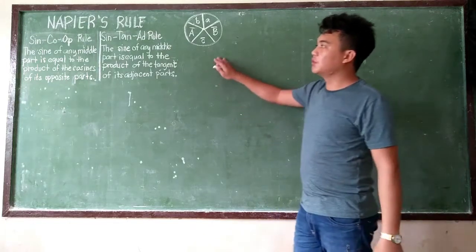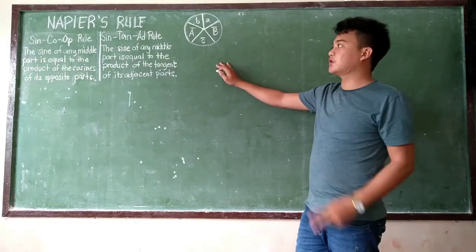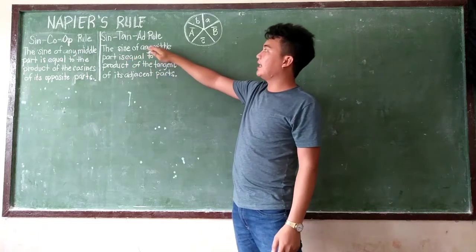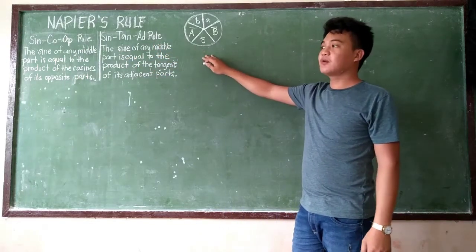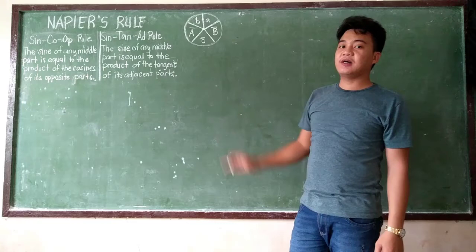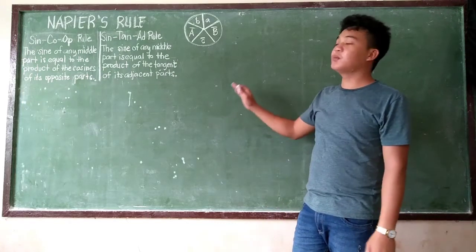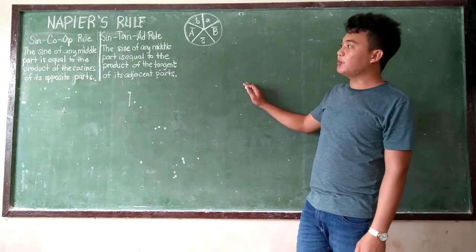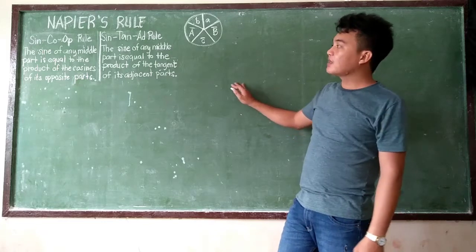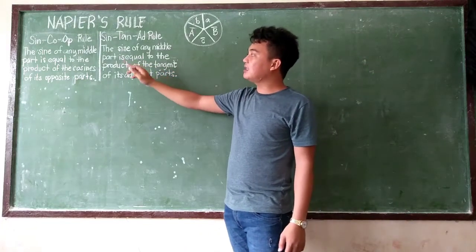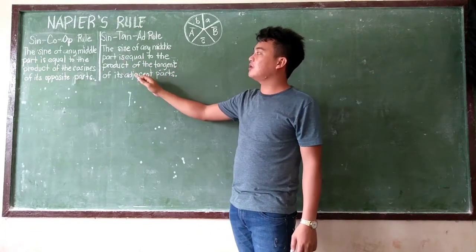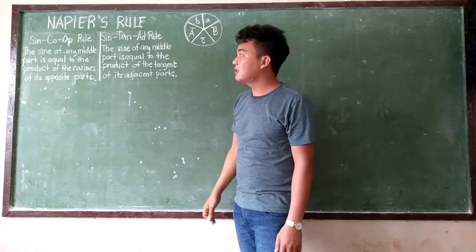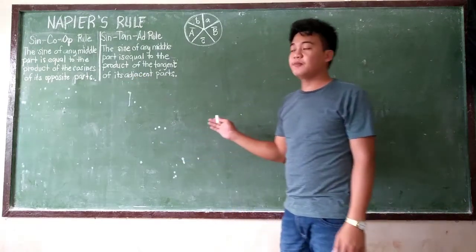In Napier's rule, we have two rules: the sin co rule and the sin tan ad rule. First, let us have the sin co rule. In the sin co rule, it is stated that the sine of any middle part is equal to the product of the cosines of its opposite parts.